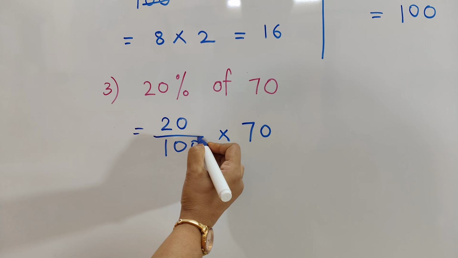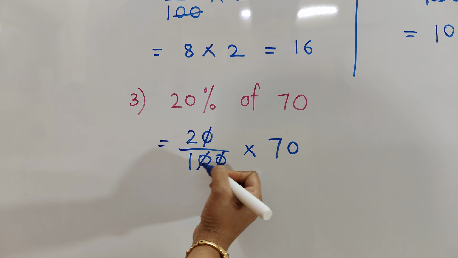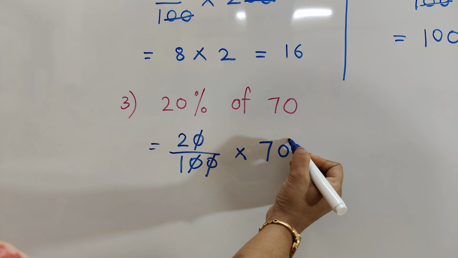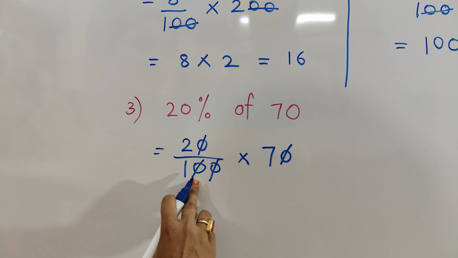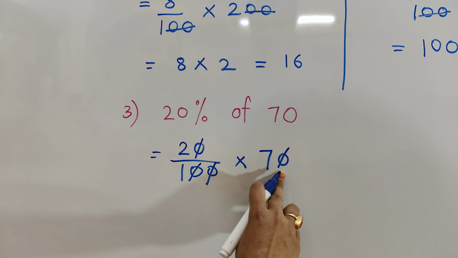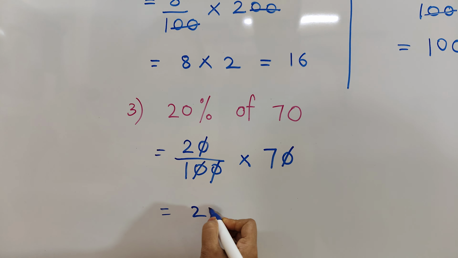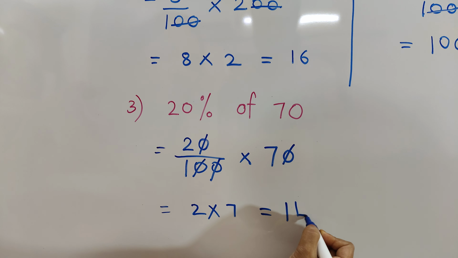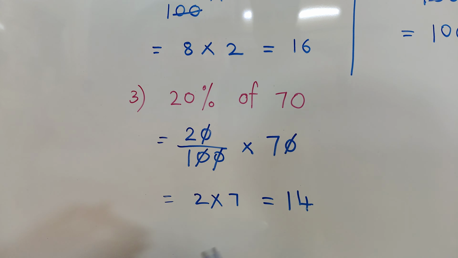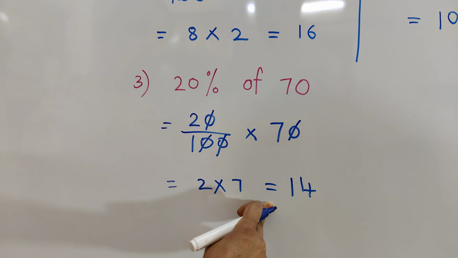Okay, so we cancel out 1 zero. Now see, 1 zero from here and another zero from 70. The remaining zero from 100 I cancelled over here and the other one from 70. So what is left? 2 times 7 is equal to 14. So 20% of 70 is equal to 14.